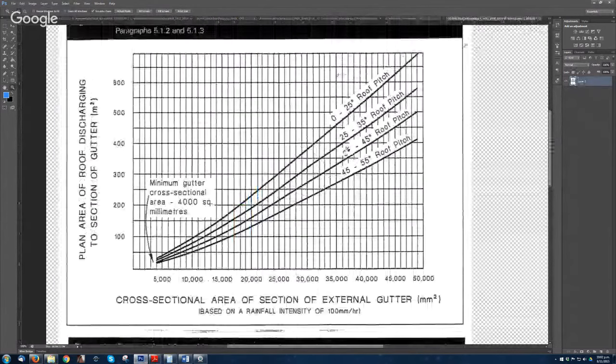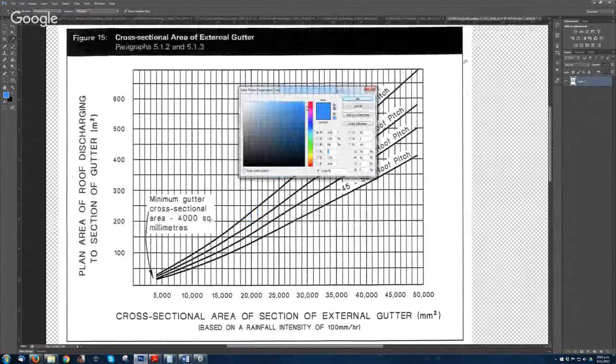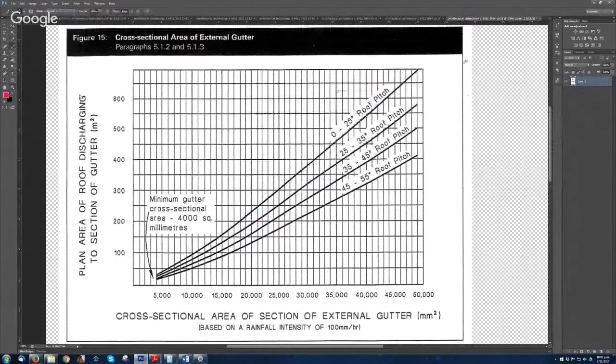So when you look at the table, always look at the external gutter, so that will be the first one. The catchment that we got is 59, so that's 50, so it's just a little bit over that. Then you trace a line until you reach this line, because 27, so 27, go down, and then you go down here. 5,000, 6,000, 7, 8. So the cross-sectional area for this is going to be 8,000 millimeters square.